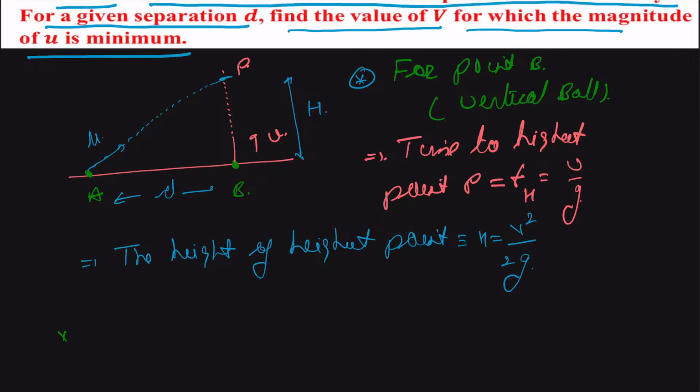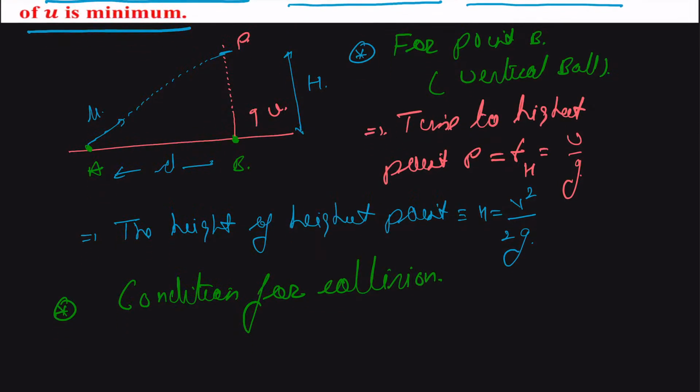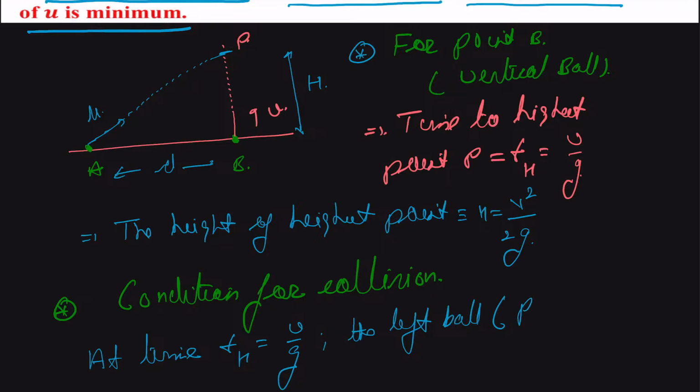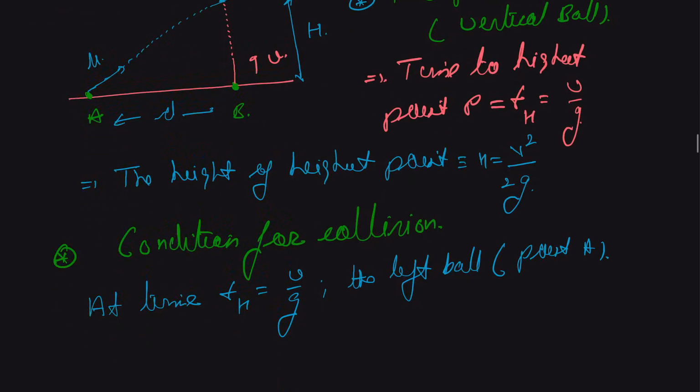Therefore we can write the condition for collision, which basically means that at time t of h, which is equal to our v upon g, the left ball, from point A, should be at height h.